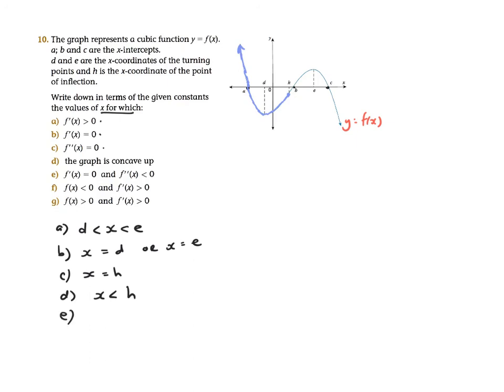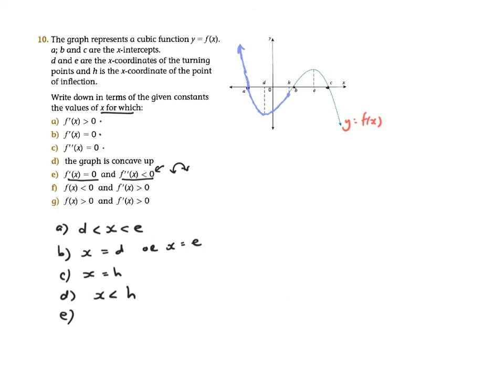Question E, for which x values will f prime x be equal to 0 and f double prime x be less than 0? What does that mean? F double prime x less than 0 means it's a sad face parabola, like some of your faces when you see me.